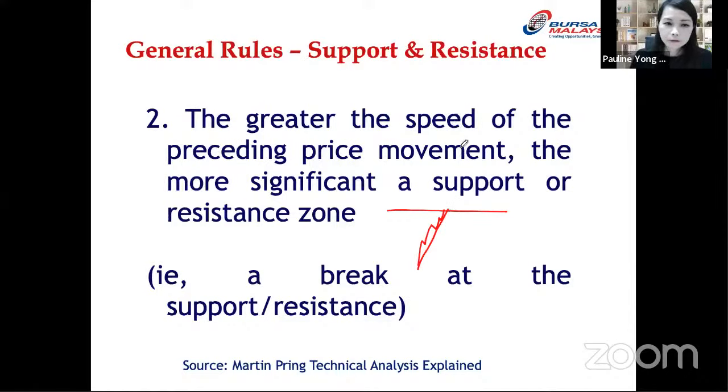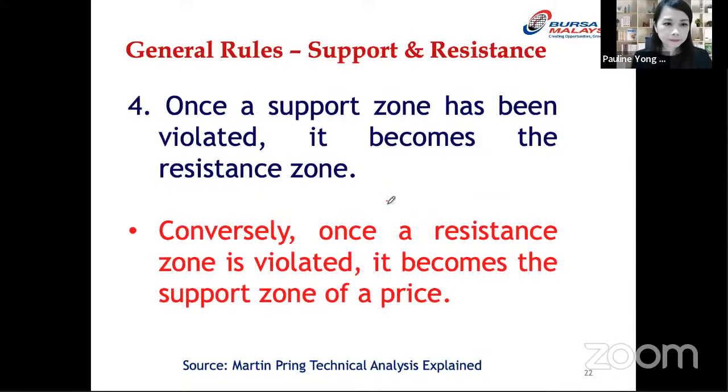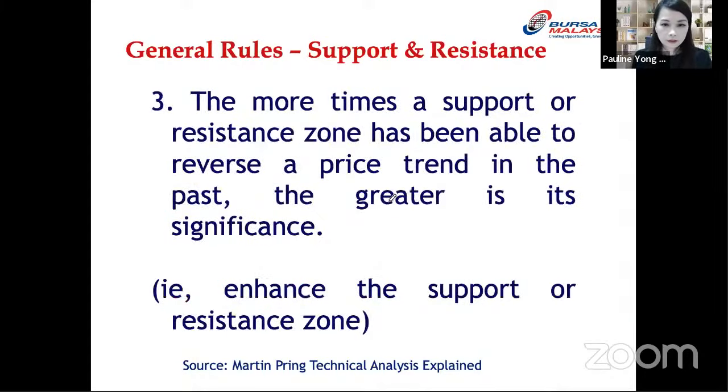Maybe later there's another slide, I'll explain that. The more times a support or resistance zone has been able to reverse a price trend, the more significant it will be, just like the 1520.